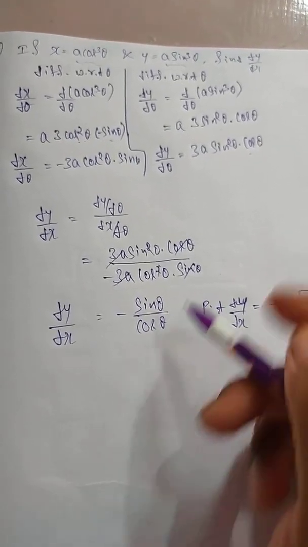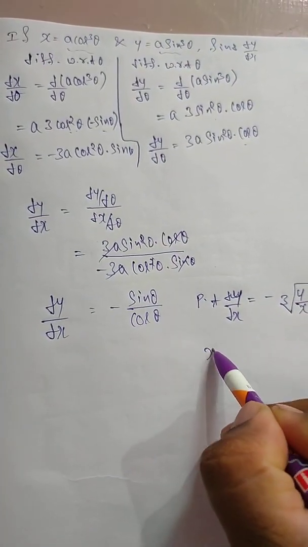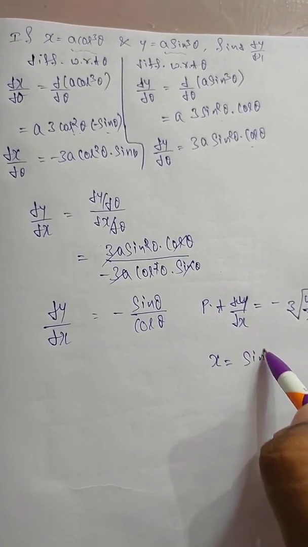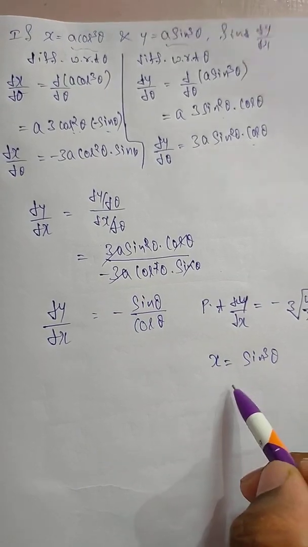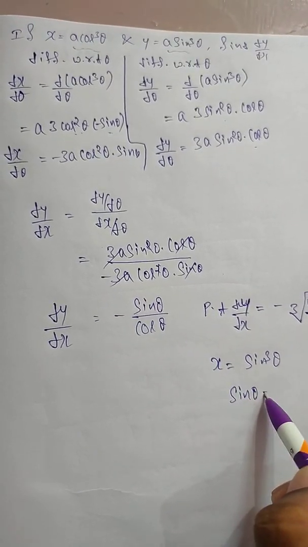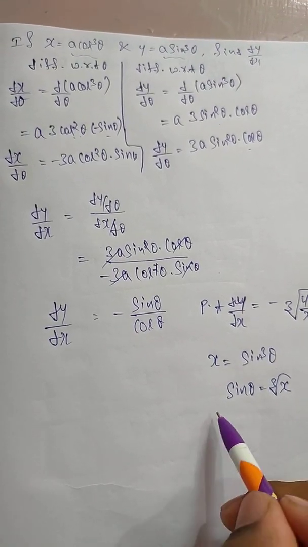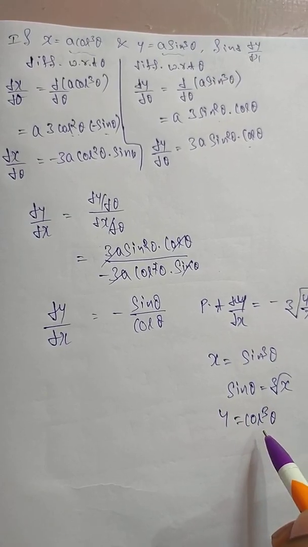So now we know that x is a cos cube theta. Now if the cube comes to this side, sin theta is equal to cube root of x.